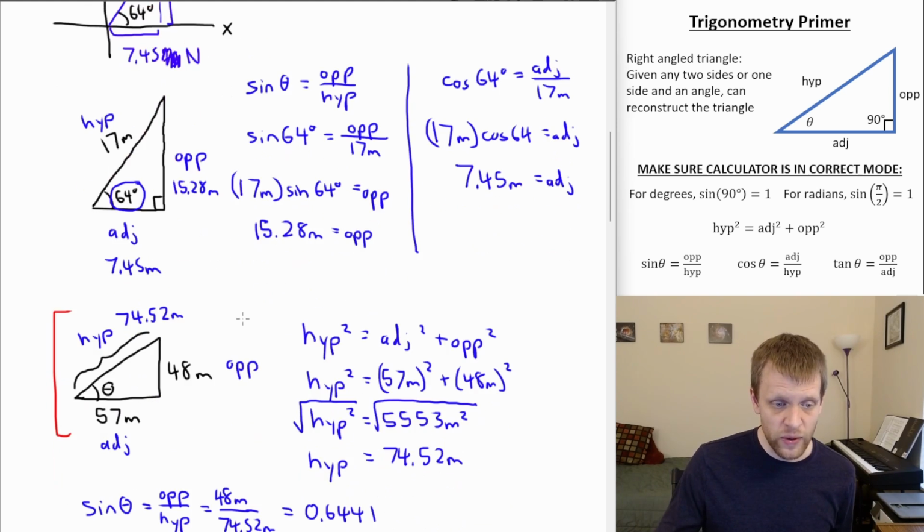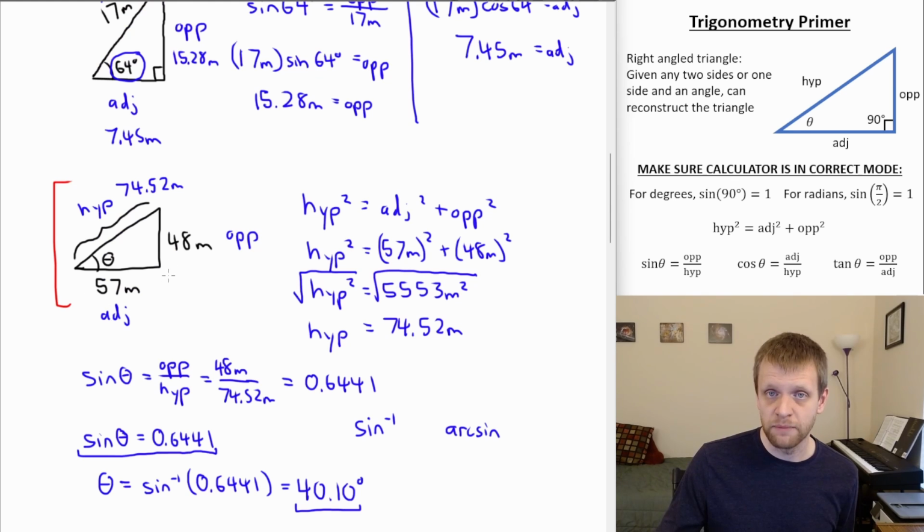Same thing with if I have the x and y components of a vector and I want to find the magnitude and direction. If this was, let's say, let's go with a force vector again. Let's say there's 57 newtons of force pushing to the right and 48 newtons of force pushing vertically.